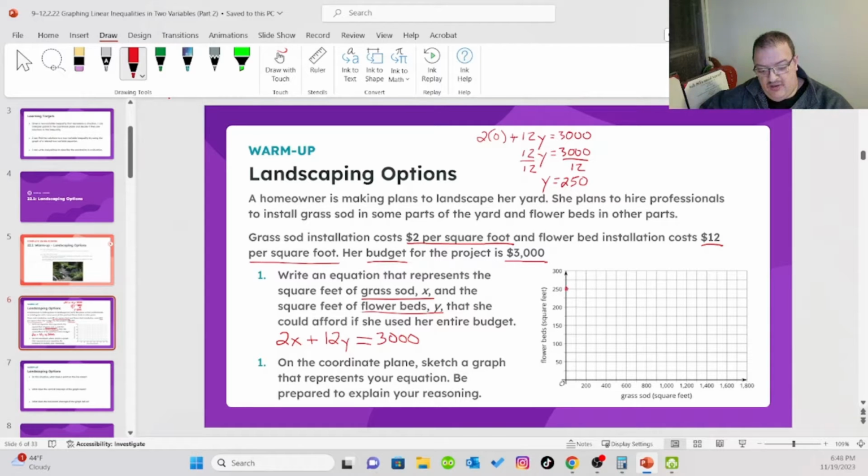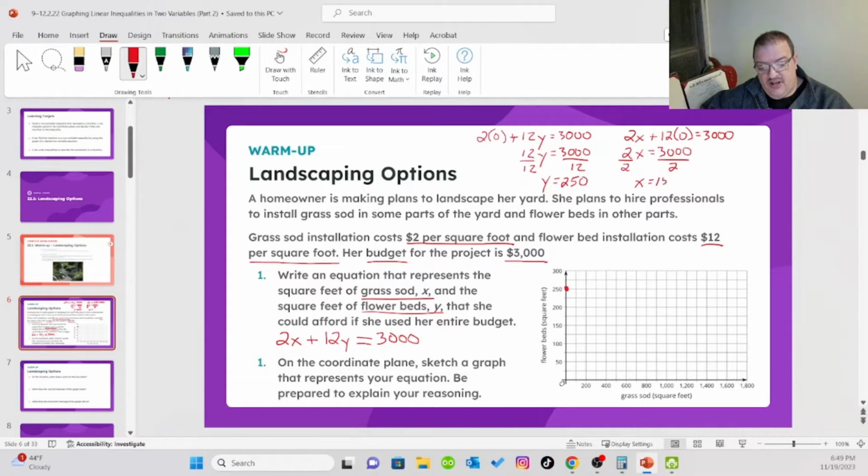So I can put my Y-intercept right here. I can find my X-intercept by setting Y equal to 0. Anything times 0 is 0. So 2X equals 3,000. Divide both sides by 2 to get X by itself.